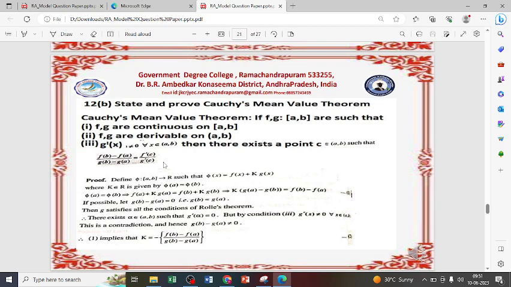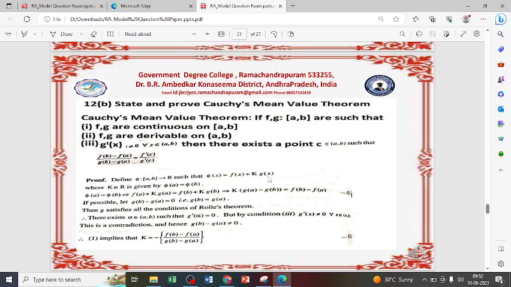Now, in order to prove this, define the function phi from the closed interval [a, b] to R such that phi(x) equals f(x) plus k times g(x). So I am going to define a new, arbitrary function phi. What is the domain? The closed interval [a, b], to capital R. How are we defining it? phi(x) equals f(x) plus a constant times g(x).